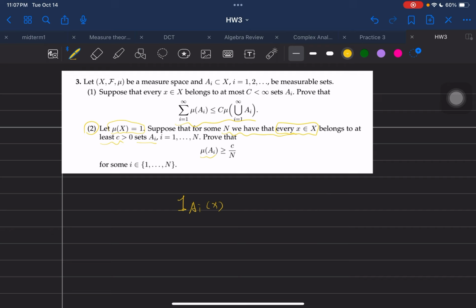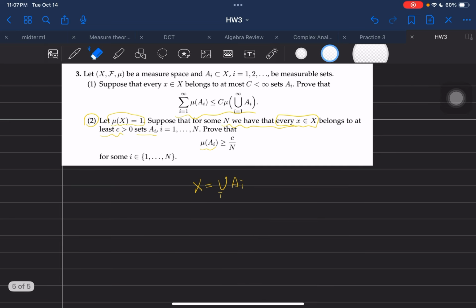From that, we can be pretty sure that the whole space X is the union of the A_i, as it's pretty clear that for each x, x belongs to A_i for at least some i, right? So we have that equality here, which would give us that mu(X) is equal to mu of the union of A_i, which is 1.